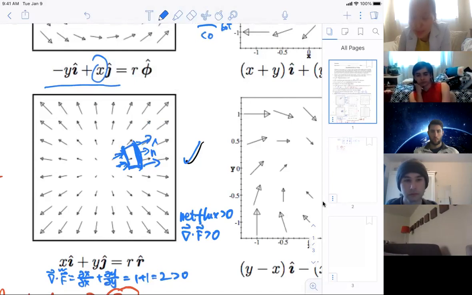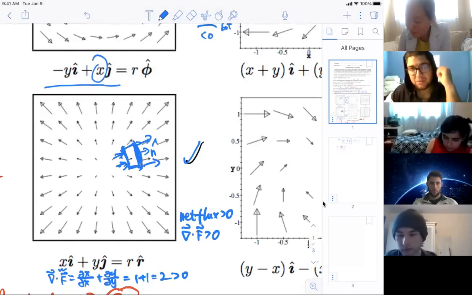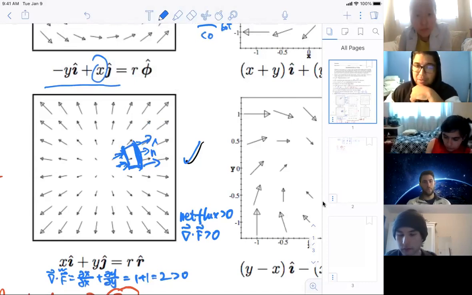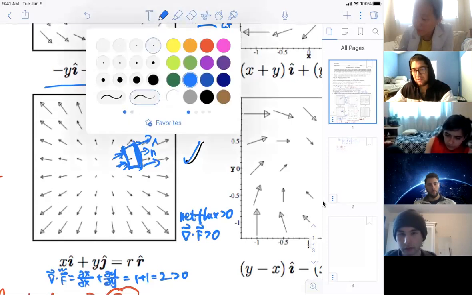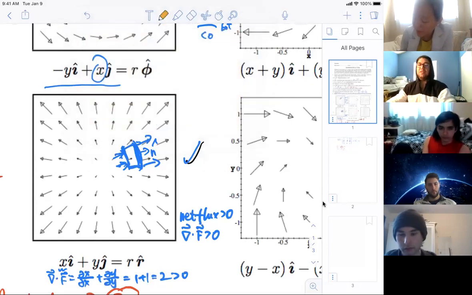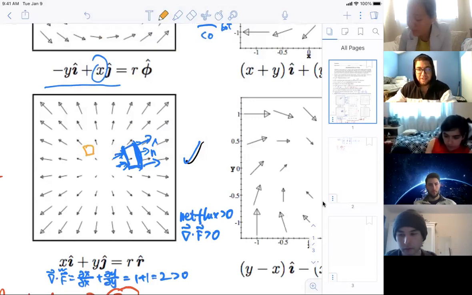Zero. Zero curl. So I think you can calculate it, that would be straightforward. But conceptually, would you be able to tell, and how would you tell that? Yeah, if we use the paddle wheel method, at every point the paddle wheel experiences not the same vector, but, I don't know how to say it, but you know what I mean, right?